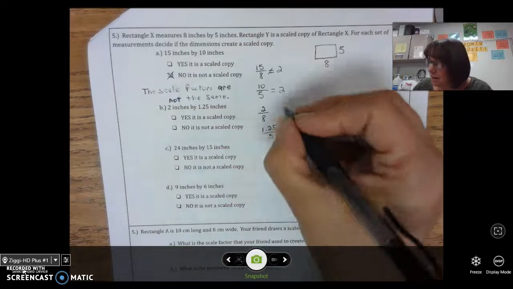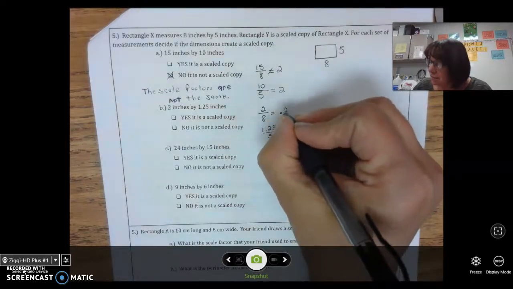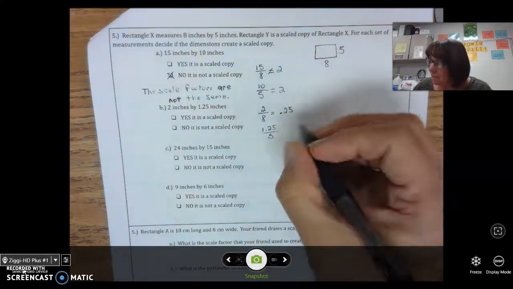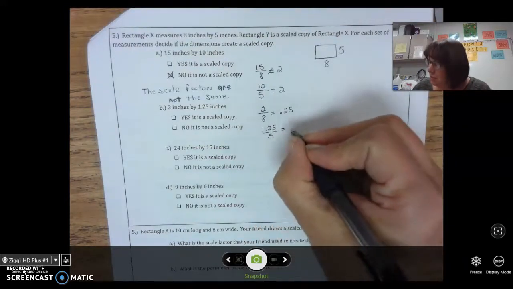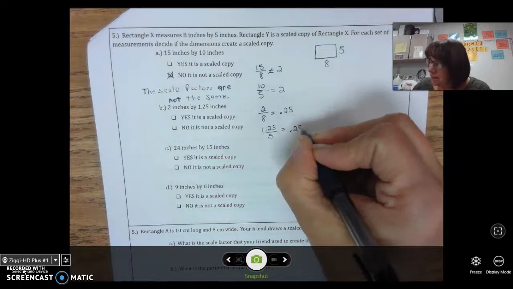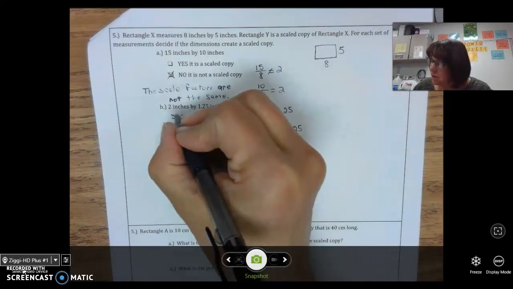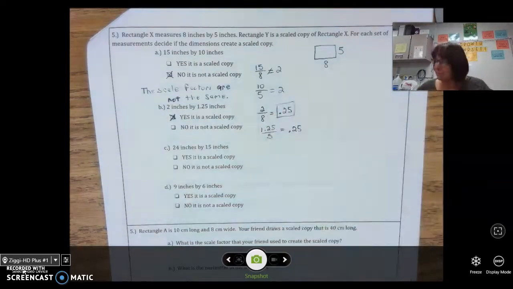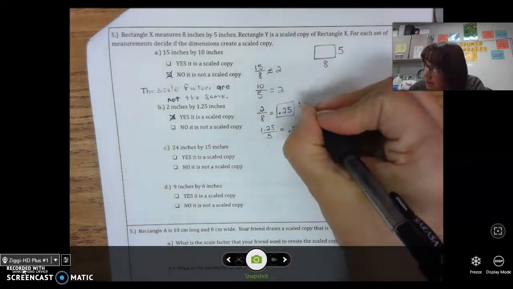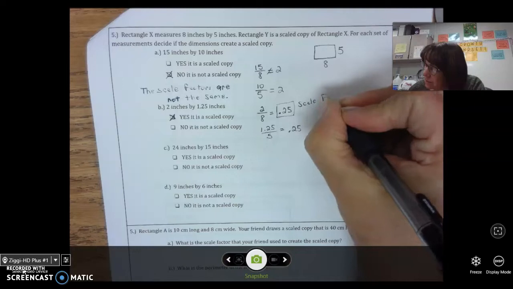2 divided by 8 is 0.25. 1.25 divided by 5 is 0.25. So yes, these are scaled copies and our scale factor is 0.25.